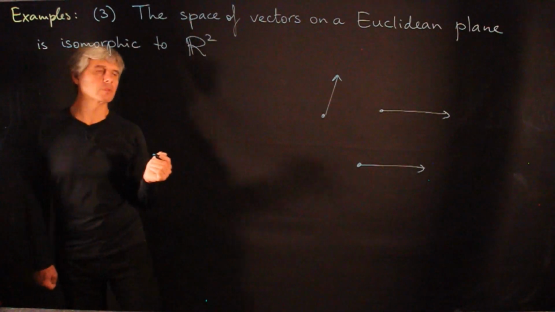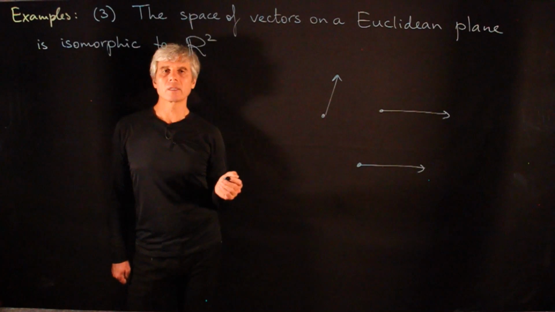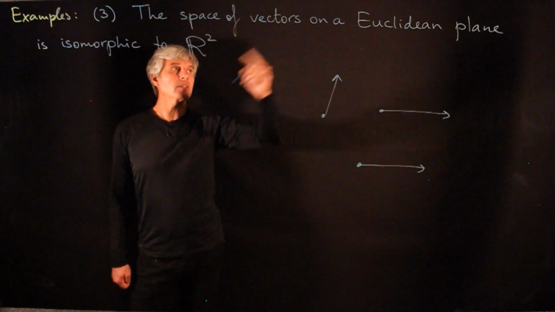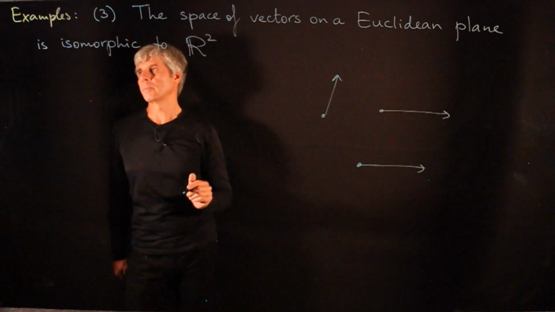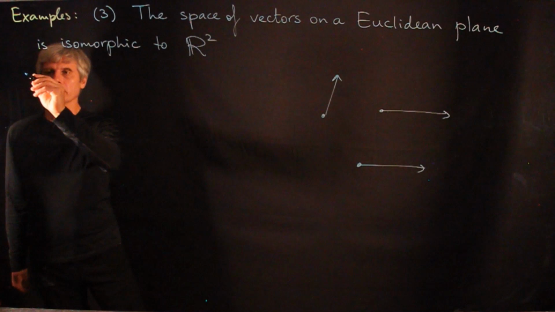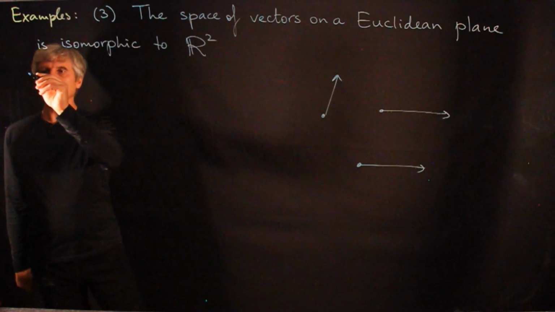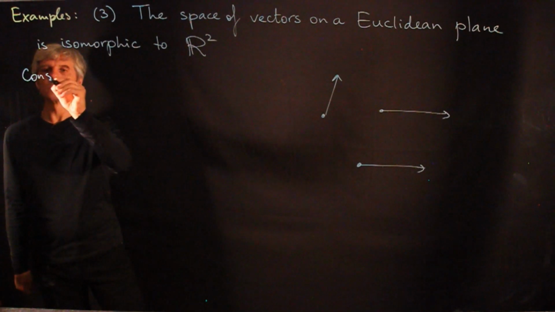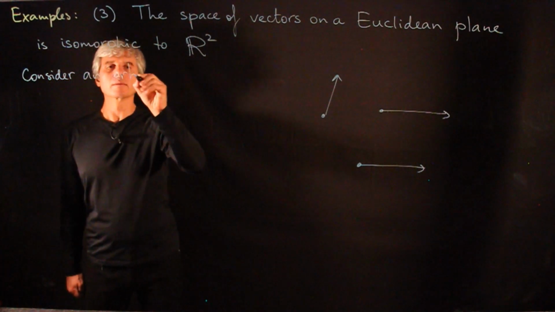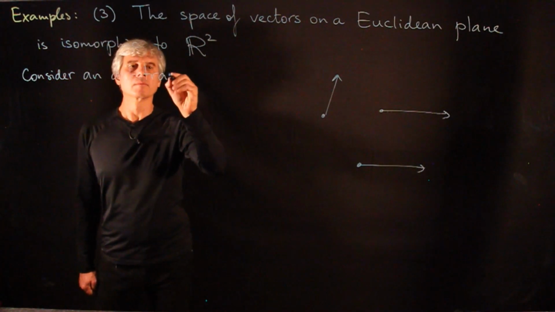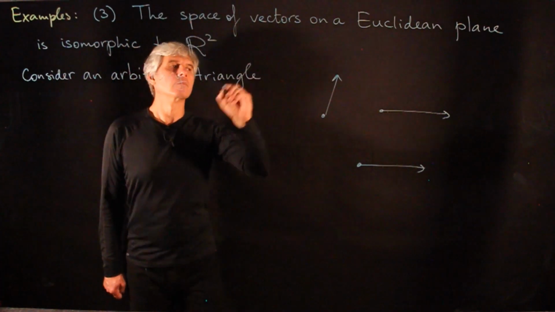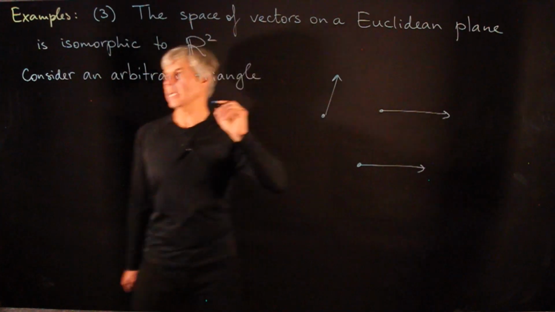So here, the first order of business is to construct the actual isomorphism between vectors on the Euclidean plane and R2. And what we do is the following. So we consider an arbitrary triangle on a plane.